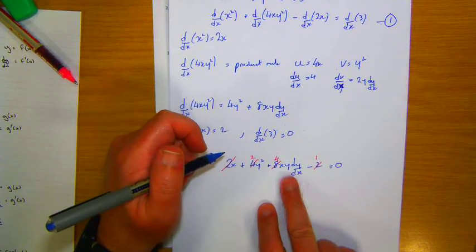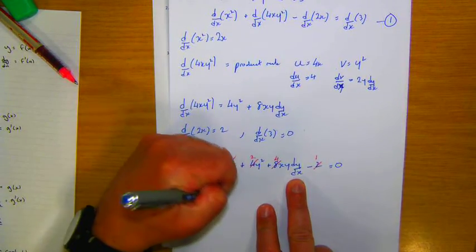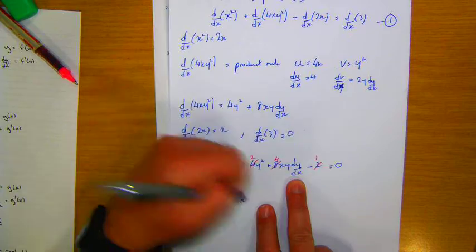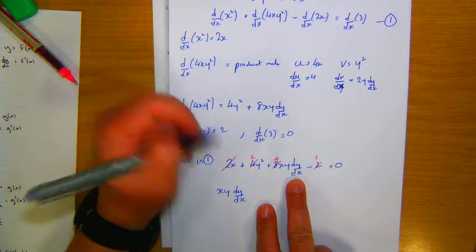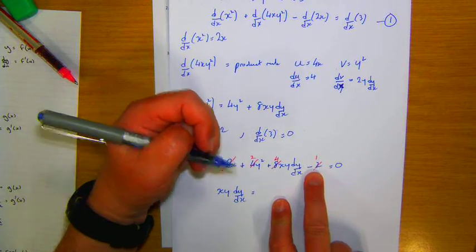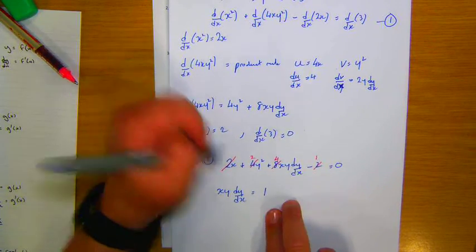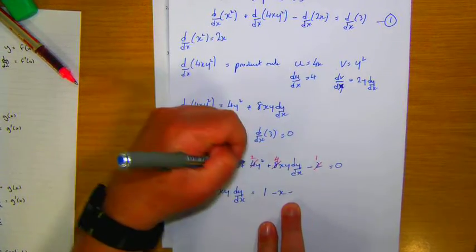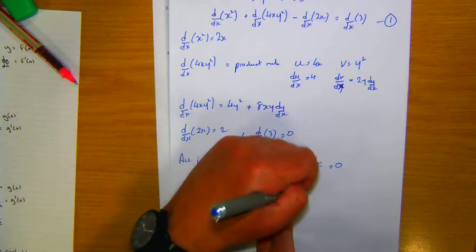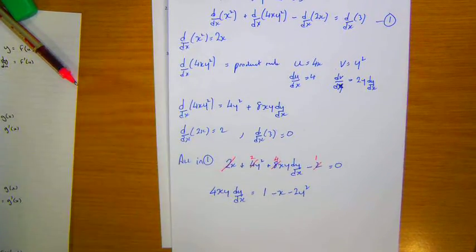I want to keep the xy dy dx on the left hand side because it's positive. So I get xy dy dx equals minus 1, take that over, it becomes positive, minus x minus 2y squared. That's a 4xy.